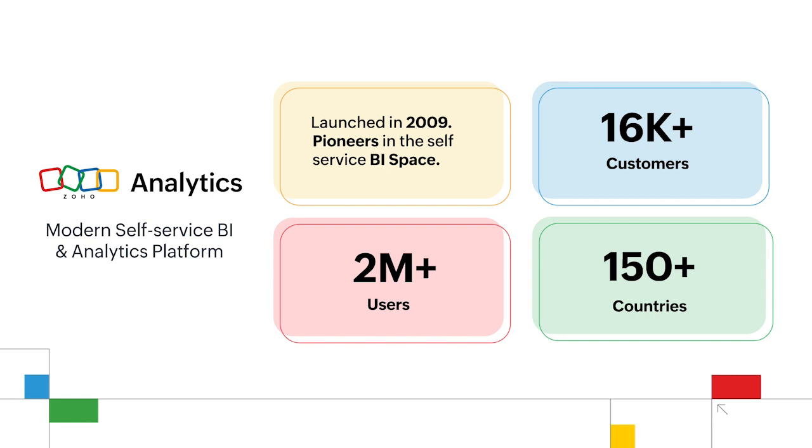Currently, we have more than 16,000 paying organizations for the Zoho Analytics product specifically. Apart from this, we have a lot of users who are using Zoho Analytics as part of bundled applications like Zoho One and CRM Plus. So in total, we have more than a 2 million plus user base, and we have presence across 150 plus countries.